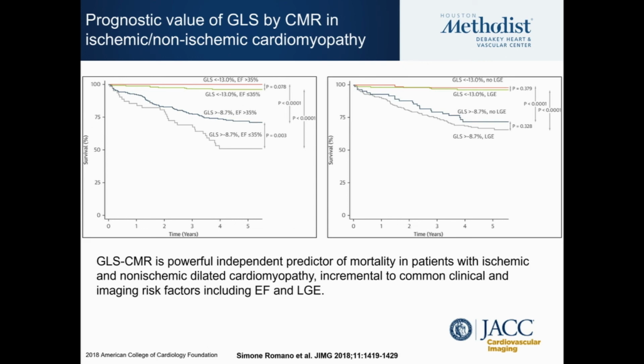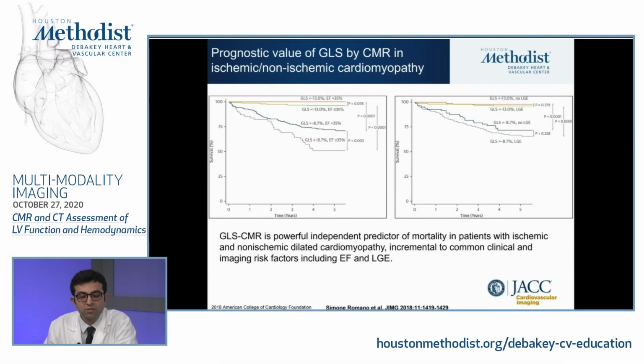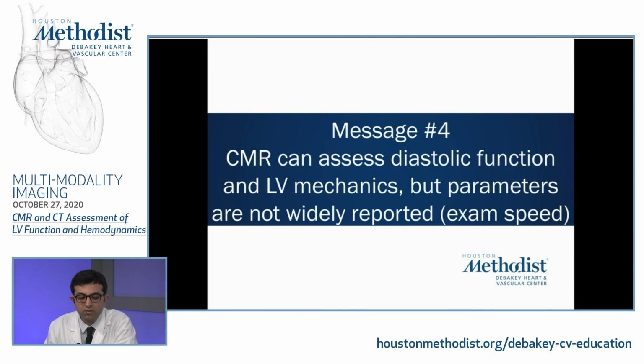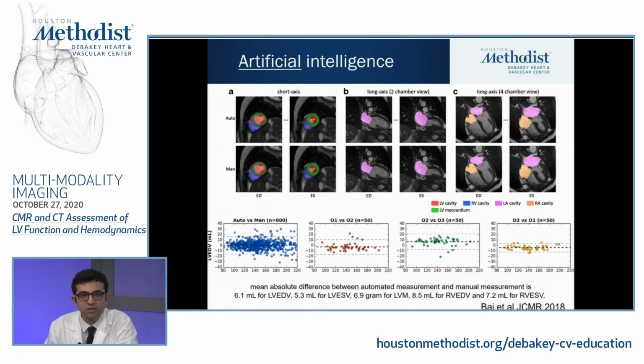Traditionally, LGE or delayed enhancement on CMR has been considered one of the strongest parameters for assessing prognosis, but longitudinal strain has been useful and can be done as well. So these parameters can be assessed on CMR, however, not routinely reported, at least in the institutions that I'm aware of. This really has to do, I would say, with how long the exam takes.